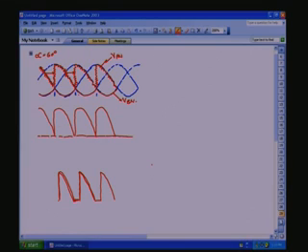So we will go to the effect of finite on times. This is called the commutation process. So far the formulas derived in the previous sections are based on the assumption that the commutation process is instantaneous.